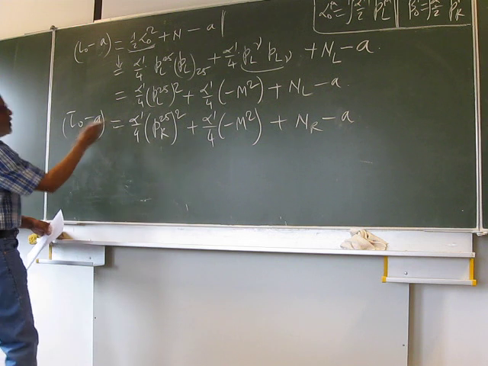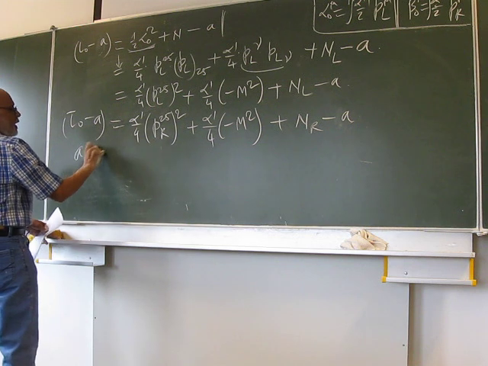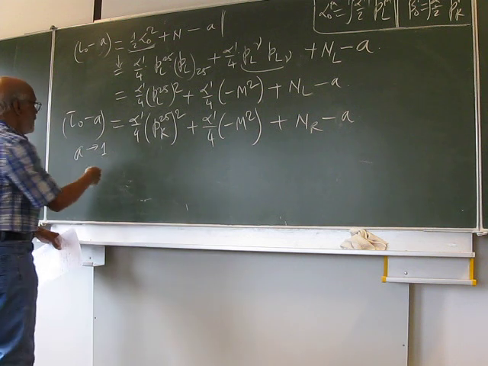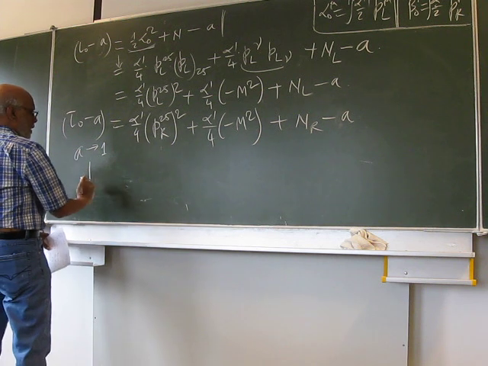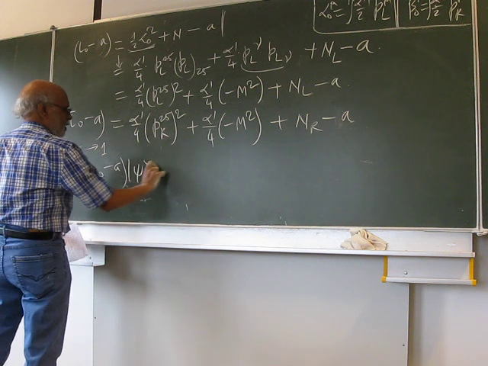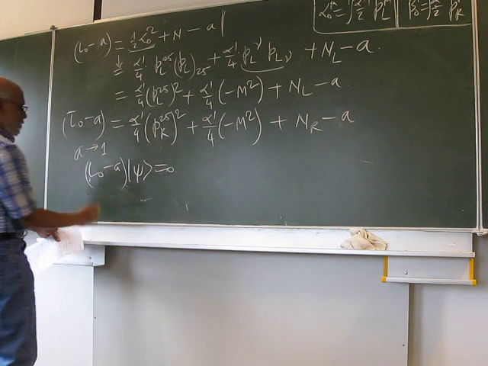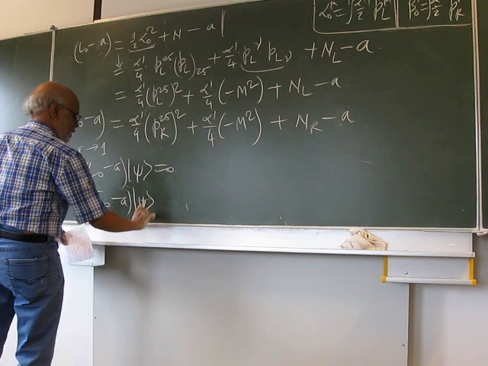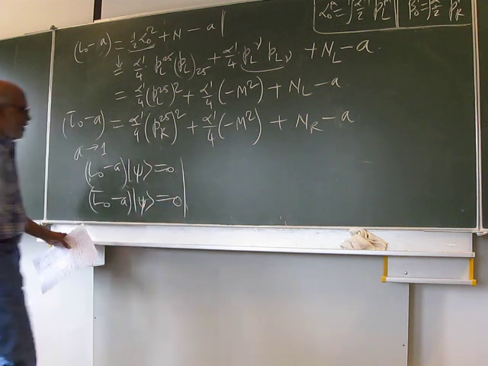as I said, eventually we go to the limit a goes to 1. And as usual, we demand that L0 minus a annihilates the physical state. We also demand that L0 bar minus a also annihilates the physical state.